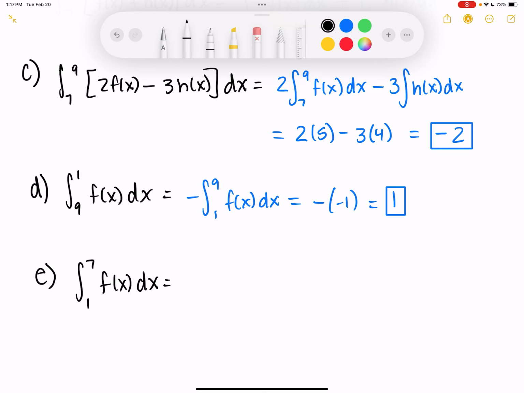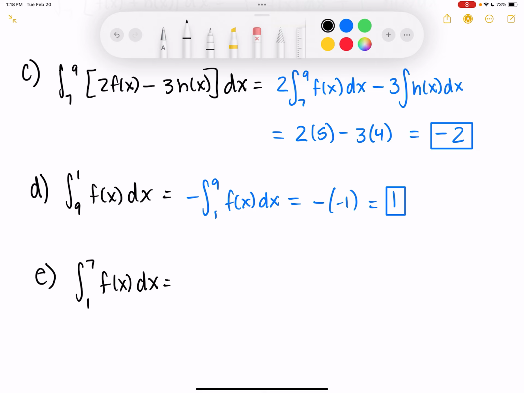We have to use the additivity thing. Yes, we're using additivity, but we're going to be using subtractivity instead. It can also work the other way. Okay, so I want 1 to 7. But I have 1 to 9 and I have 7 to 9, right? Those are the different ones I'm dealing with.